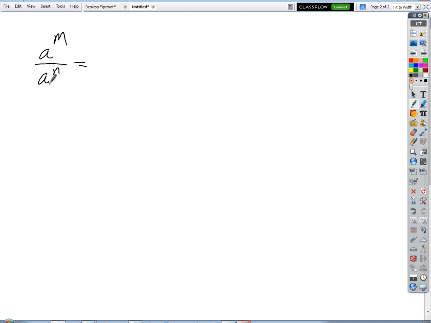That's the only difference between a positive and a negative exponent: it just switches which part of the fraction you're in. So I could write that as a to the m times a to the minus n. Positive exponent on the bottom is the same as negative exponent on the top and vice versa. So now that that's a product, what did we say we do when we multiply like bases?